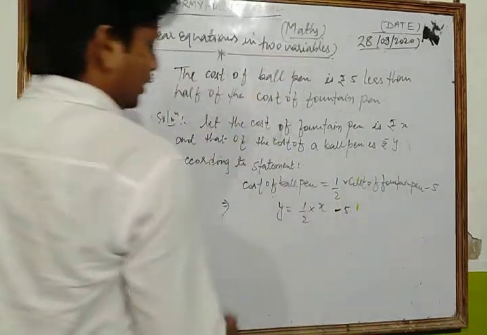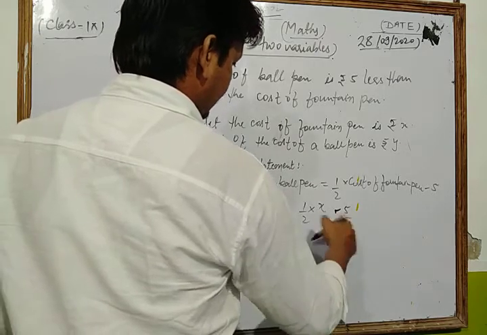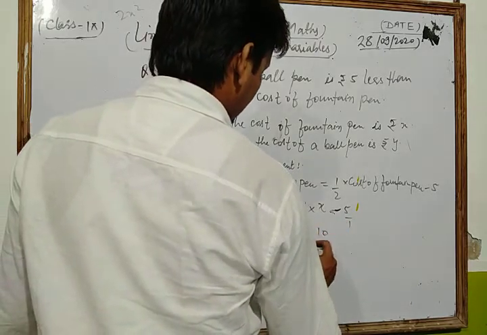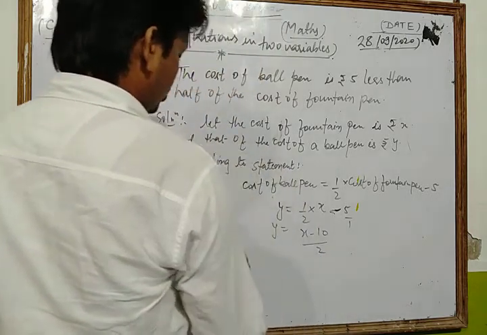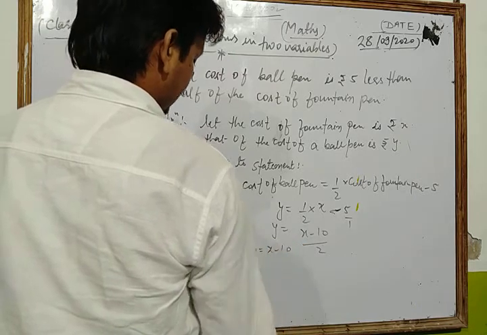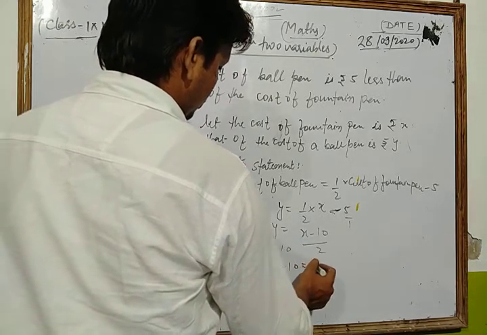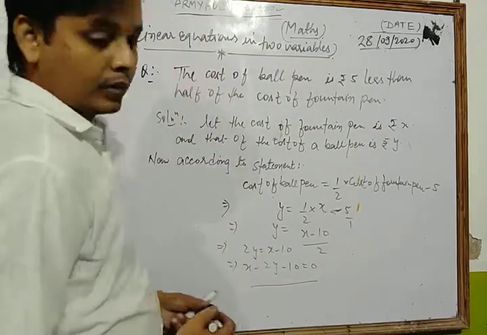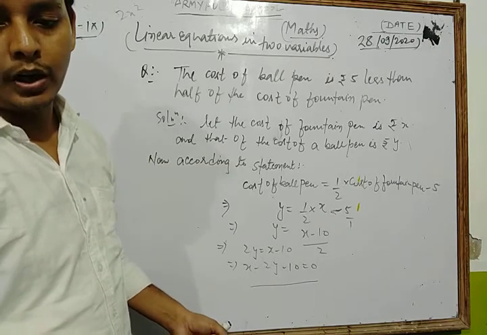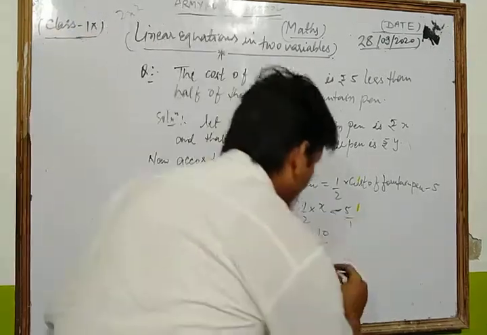Now we solve this: taking 2 as the LCM, we get y is equal to (x minus 10) upon 2. Cross multiplying, we get 2y is equal to x minus 10, that is, x minus 2y minus 10 is equal to 0. This is the required equation in two variables.